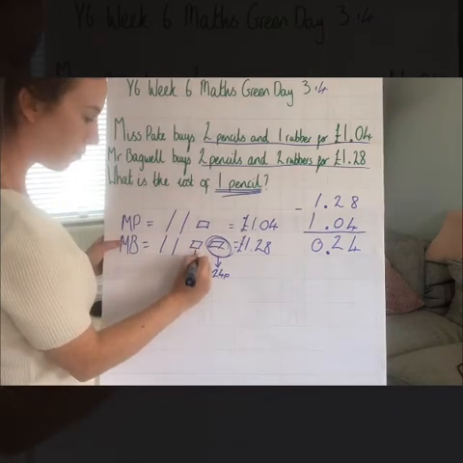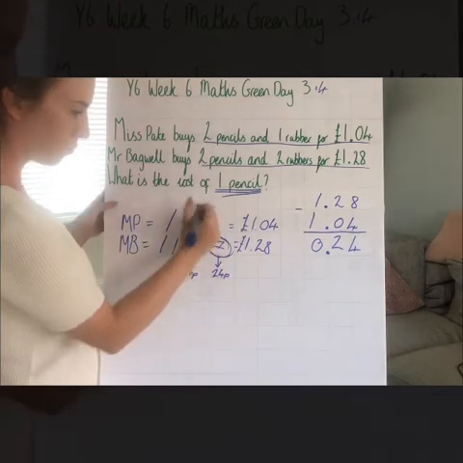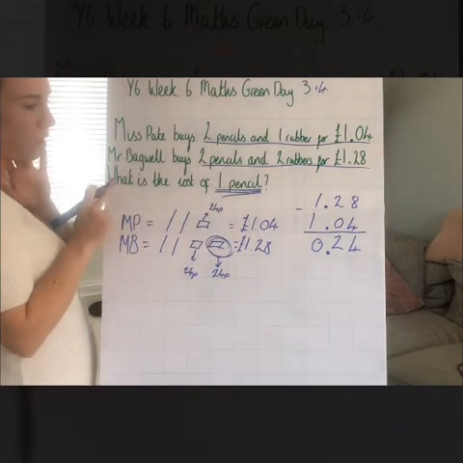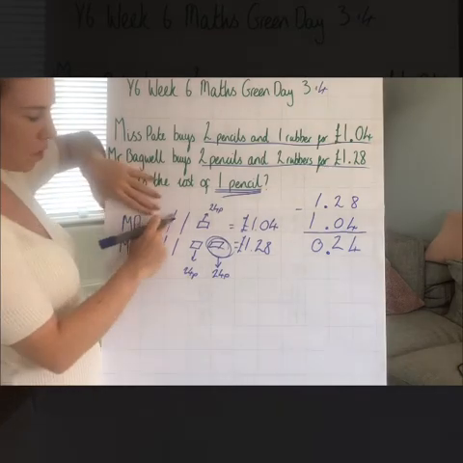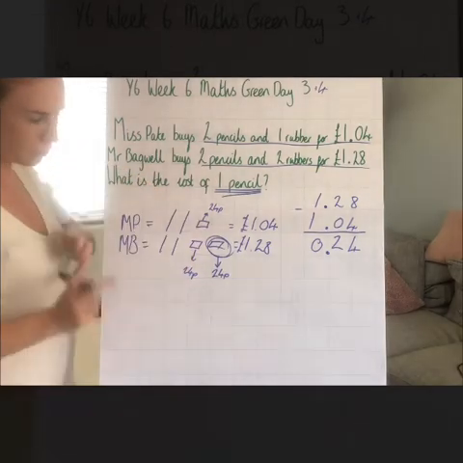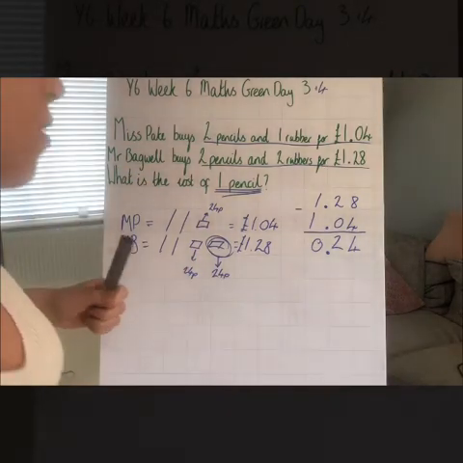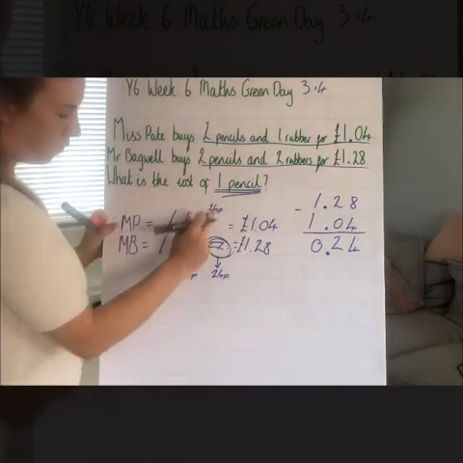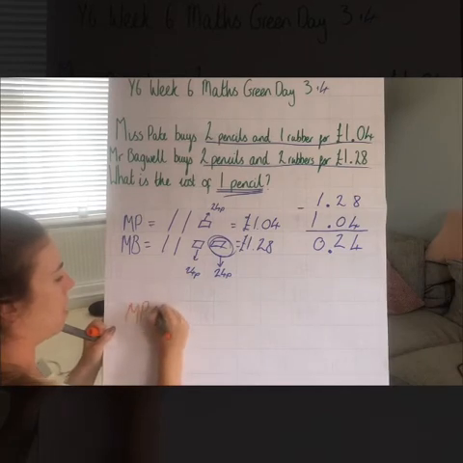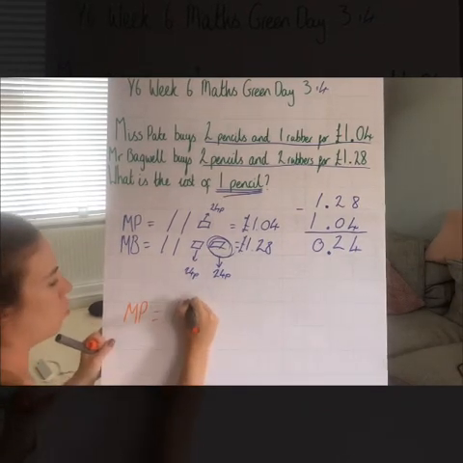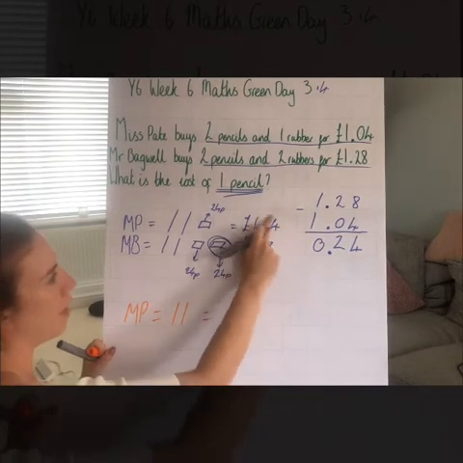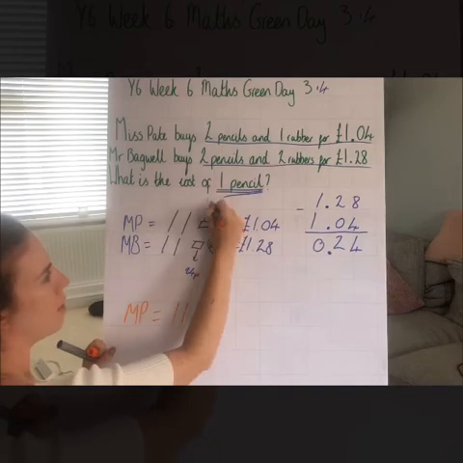Now I know that, I can label them. But I want to know what the cost is of 1 pencil. So if I use my total here, I've got 2 pencils and 1 rubber. Well, if I take the cost of that rubber off, Miss Pate, so I can see the 2 pencils is going to be £1.04 take off my 24p.